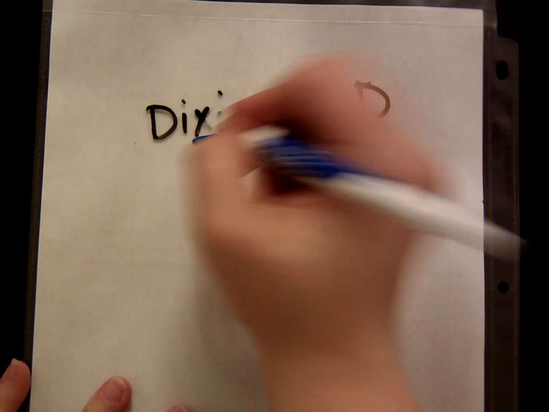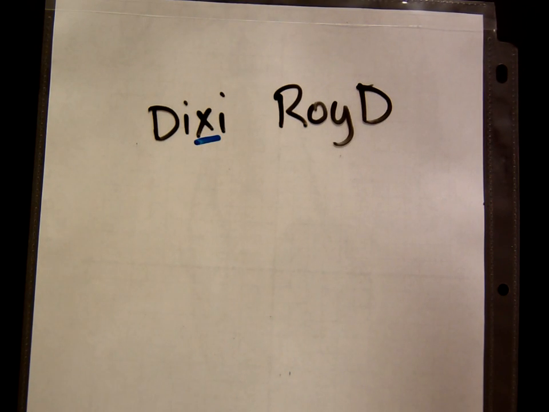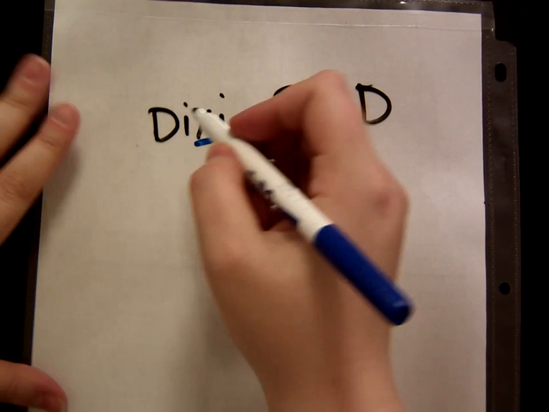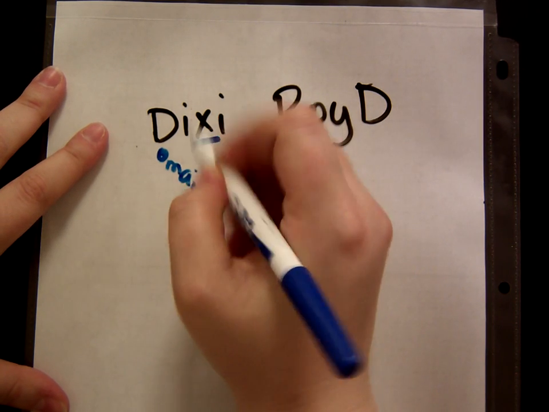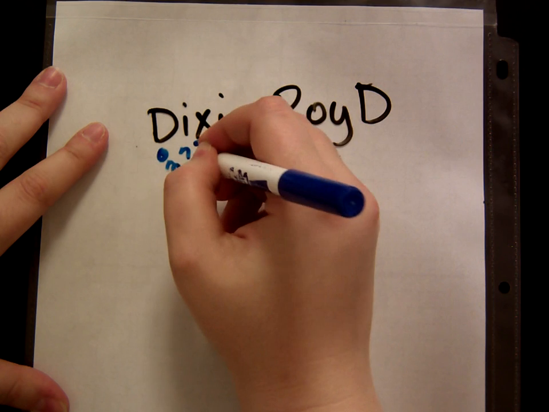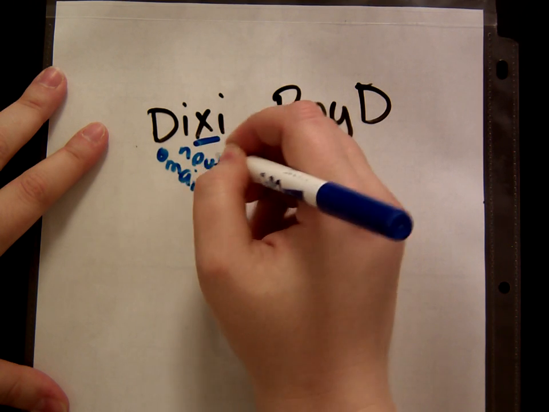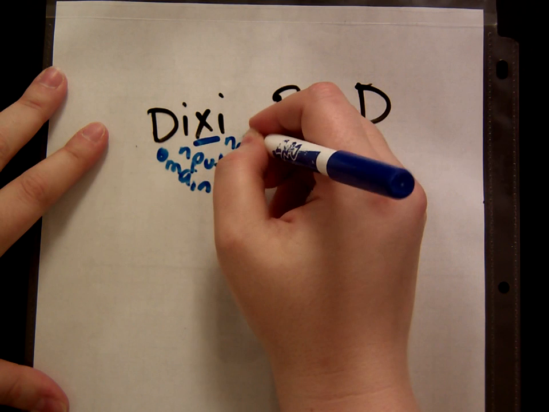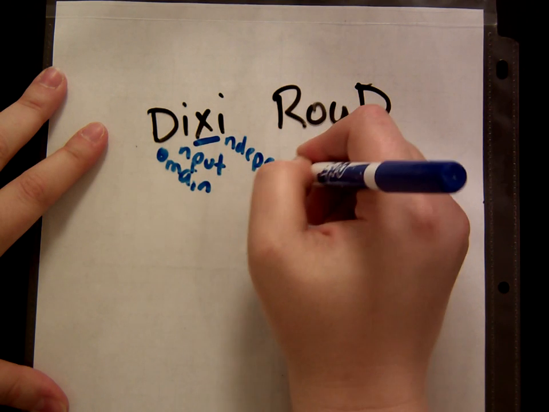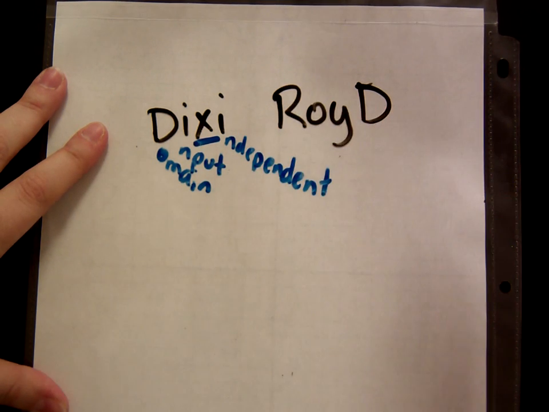So your X values, for instance, are represented with Dixie. It represents your domain. It is the input of your relation, and is your independent variable.